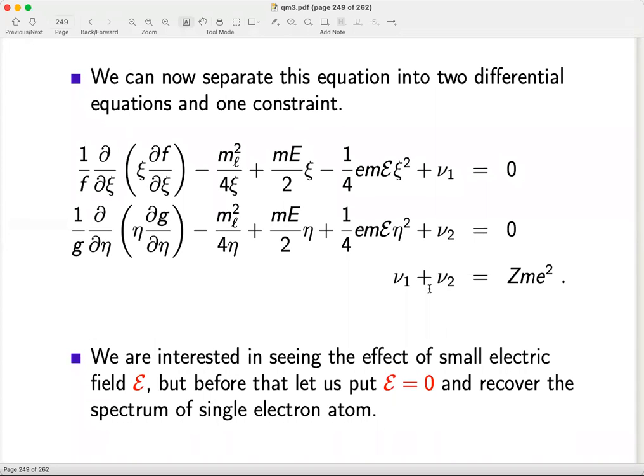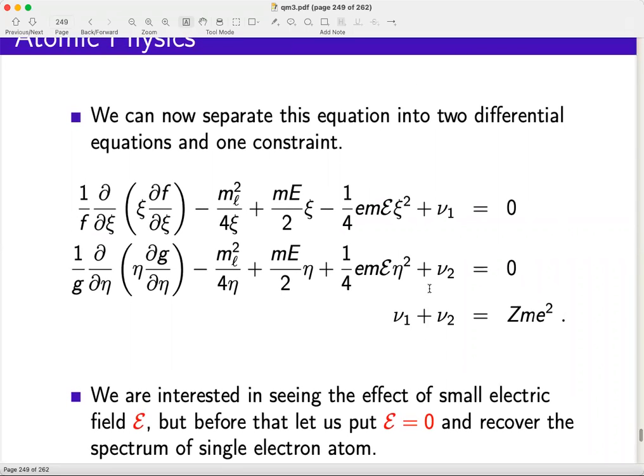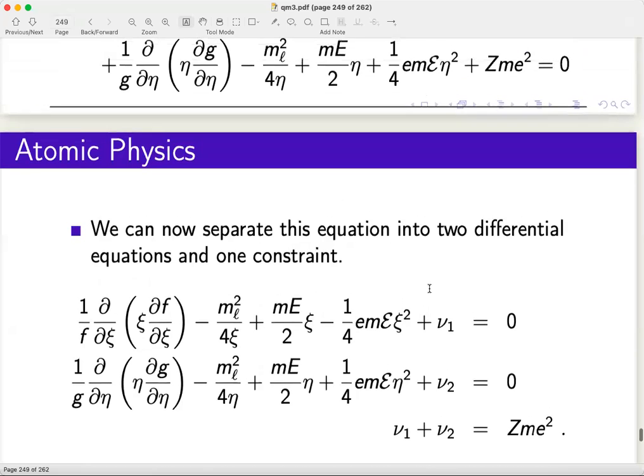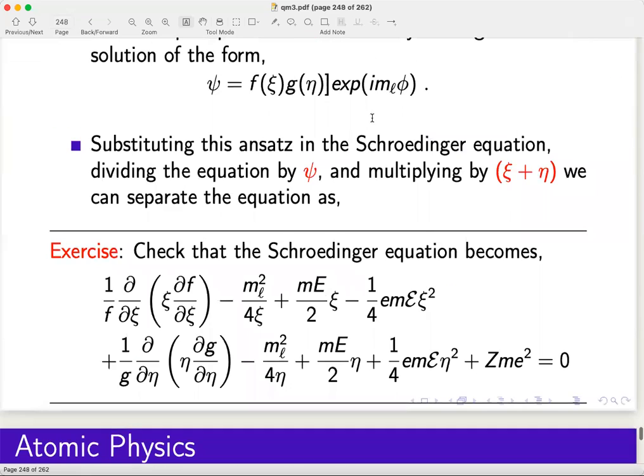But if the electric field is 0, then you are trying to solve the original hydrogen atom problem, right? Now you notice one very interesting thing in the parabolic cylinder coordinates, which you wouldn't have expected naturally, because the problem had spherical symmetry in the absence of electric field, and you would naturally have used the spherical polar coordinate system. But in the parabolic cylinder system, one part of the problem is trivial because of the angular symmetry.